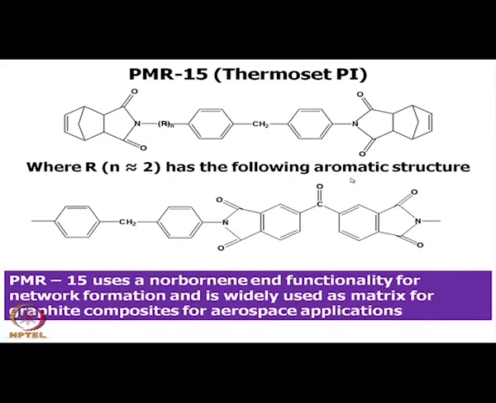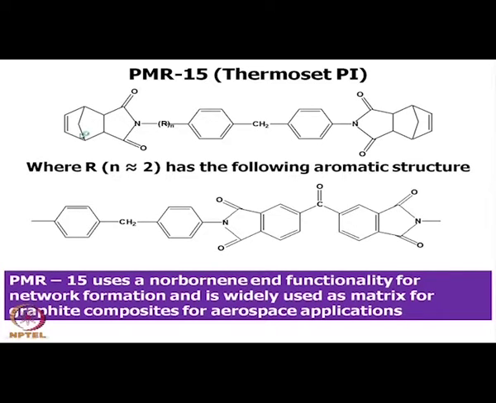So it is a kind of high performance polymer having a huge number of aromatic linkages, and the end of this polymer chain contains a reactive ethylene functionality. This is the reactive group.